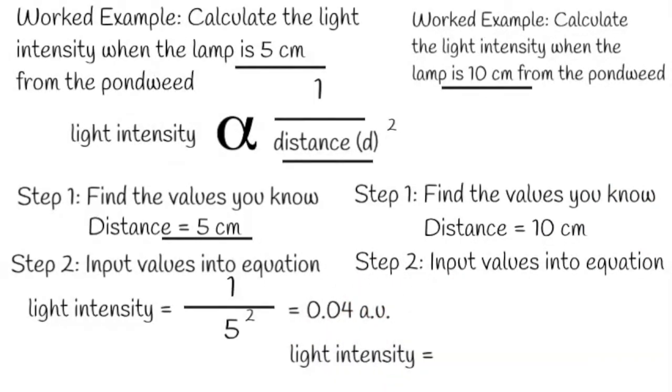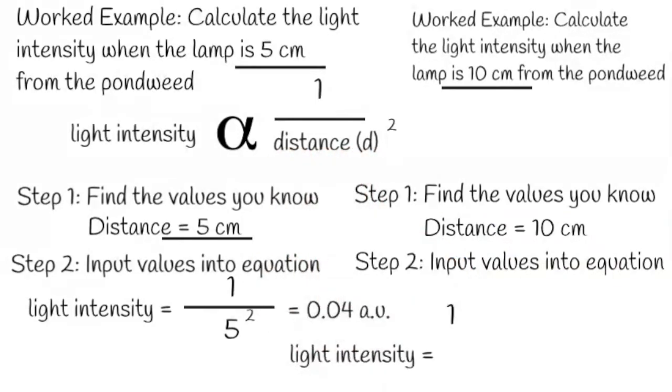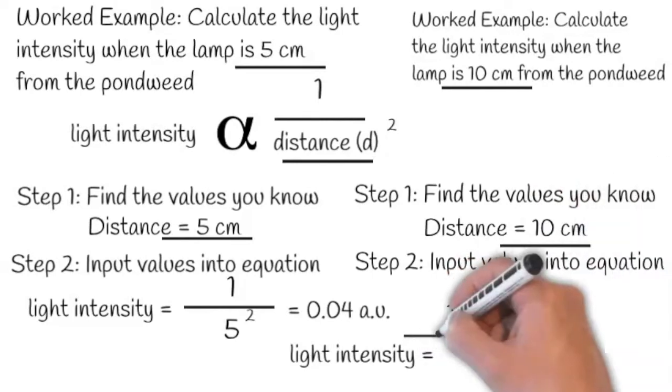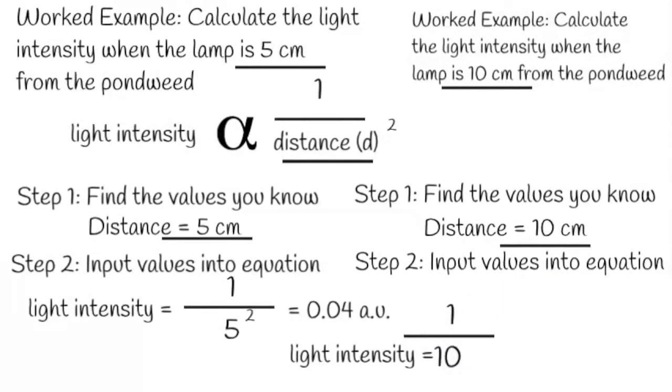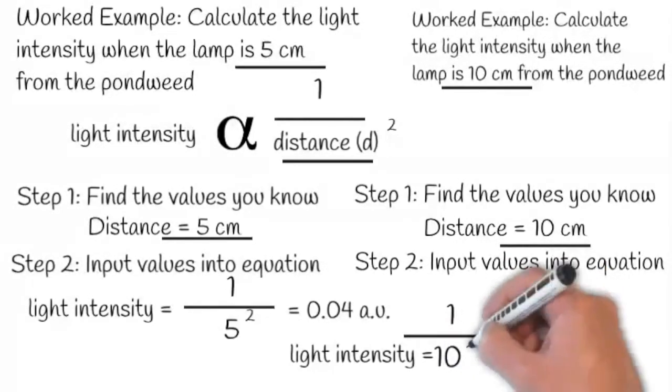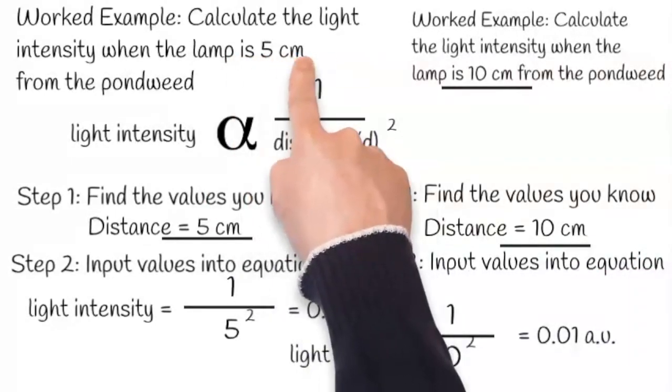So light intensity is equal to 1, again taken from our equation, divided by the distance squared, which in our worked example is 10. So it's 1 divided by 10, and of course that's squared. We put that in a calculator, and we get 0.01.